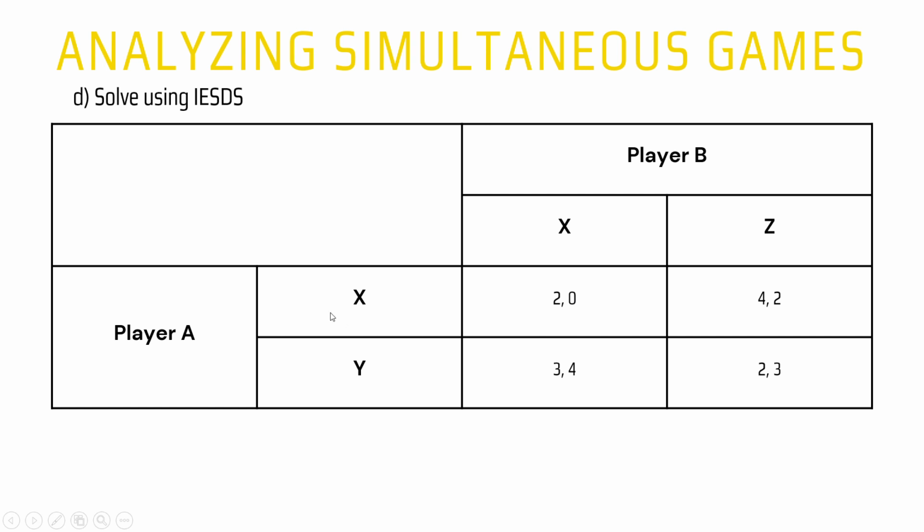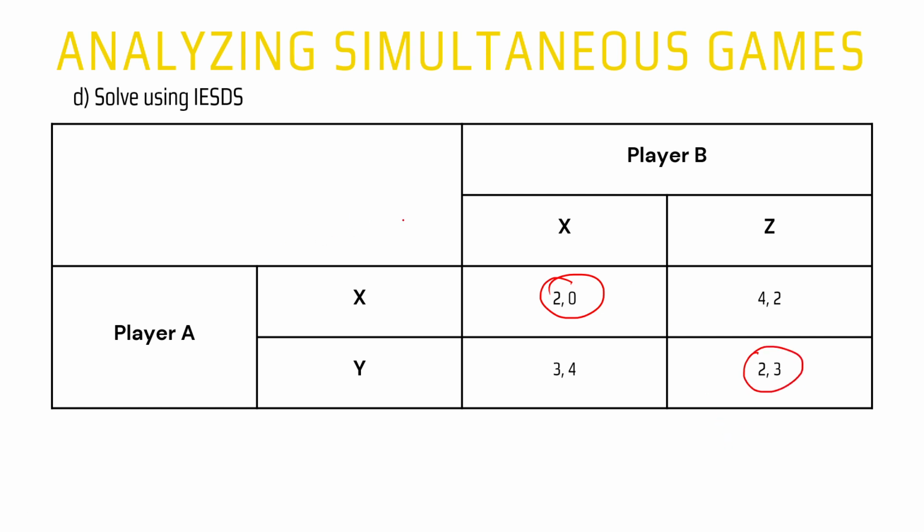If player A chooses strategy X, then the best payoff for player B is 2. So this one, the (2, 0), is the dominated strategy. But if player A chooses strategy Y, player B has (3, 4) as the best strategy. So (2, 3) is the dominated strategy.